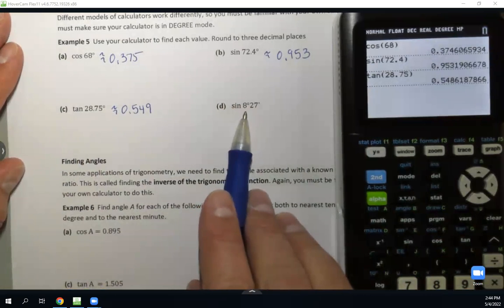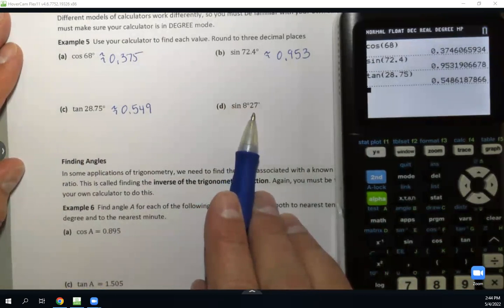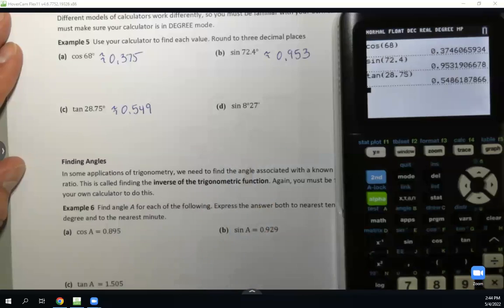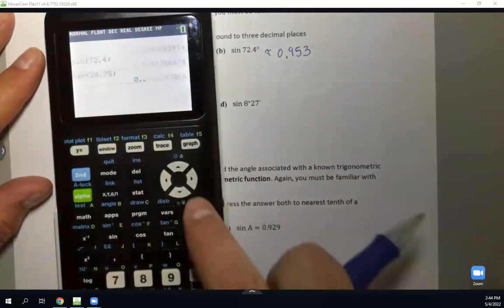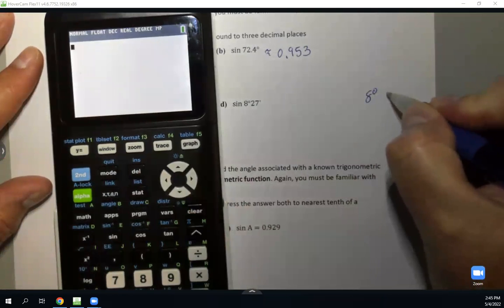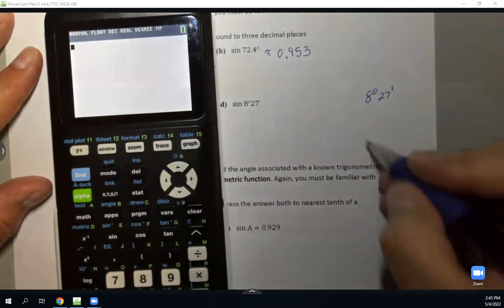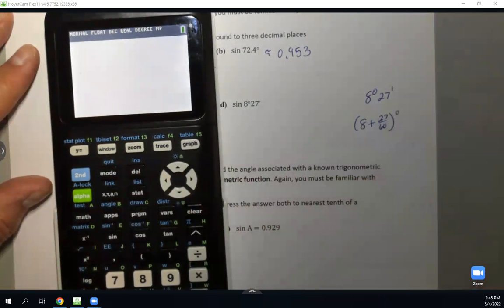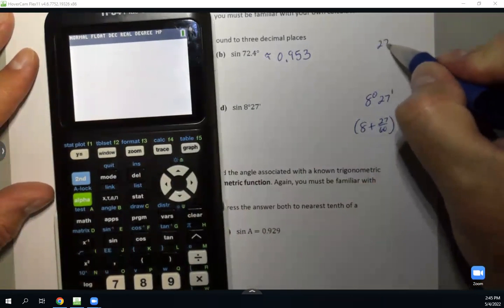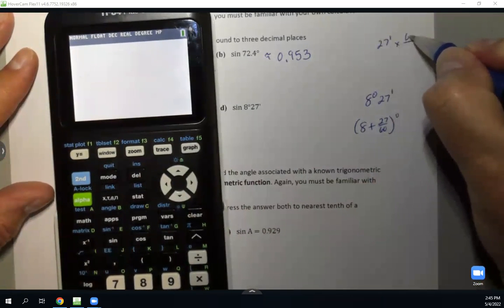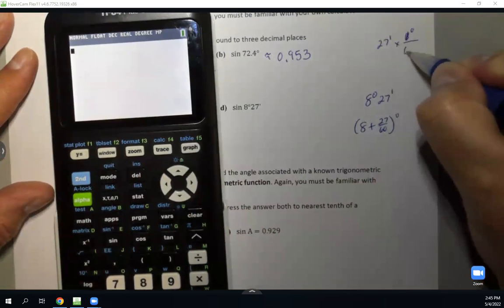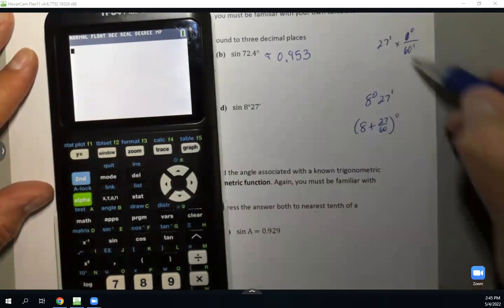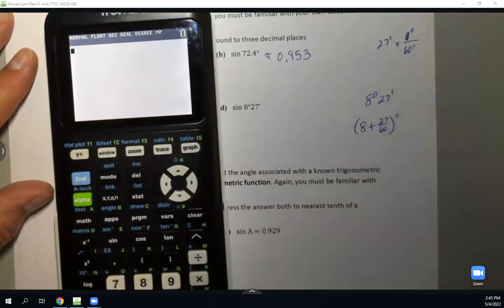We have to find the sine of 8 degrees and 27 minutes. Well, 8 degrees and 27 minutes would be 8 plus 27/60 degrees. Remember, in 1 degree there are 60 minutes, so that would cancel minutes and we'd take 27 divided by 60. 27 divided by 60 is 0.45.